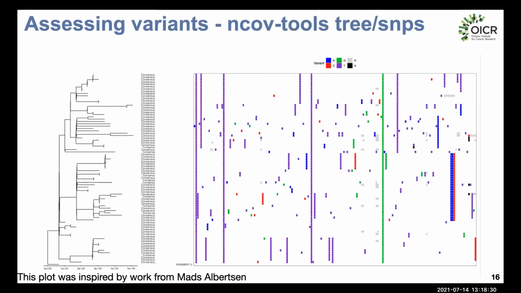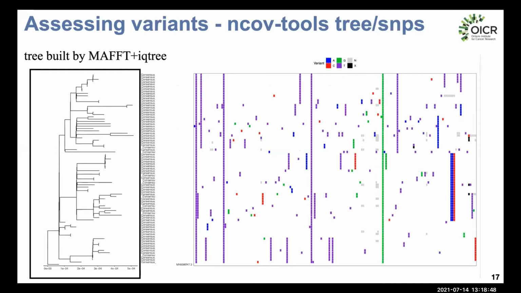Now, ncov-tools generates a plot that summarizes the variation present in your sequenced samples, which I'm showing here. This is work that was inspired by some plots generated by Mads Albertsen of the Danish Sequencing Consortium. In this plot, all the samples are ordered by a phylogenetic tree that's built by MAFFT and IQ-TREE.